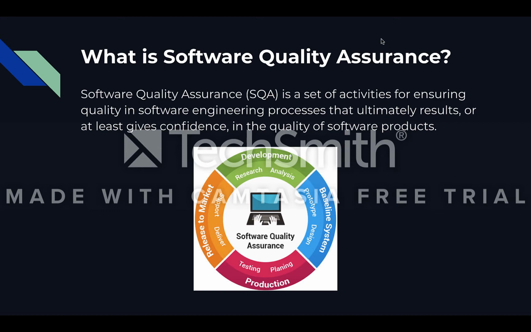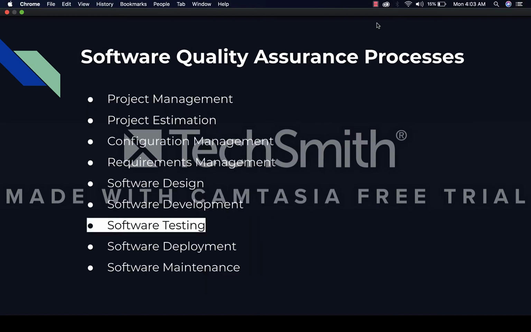In other words, software quality assurance activities take place at each phase of development. Some of the software quality assurance processes are project management, project estimation, configuration management, requirements management, software design, software development, software testing, software deployment, and software maintenance.